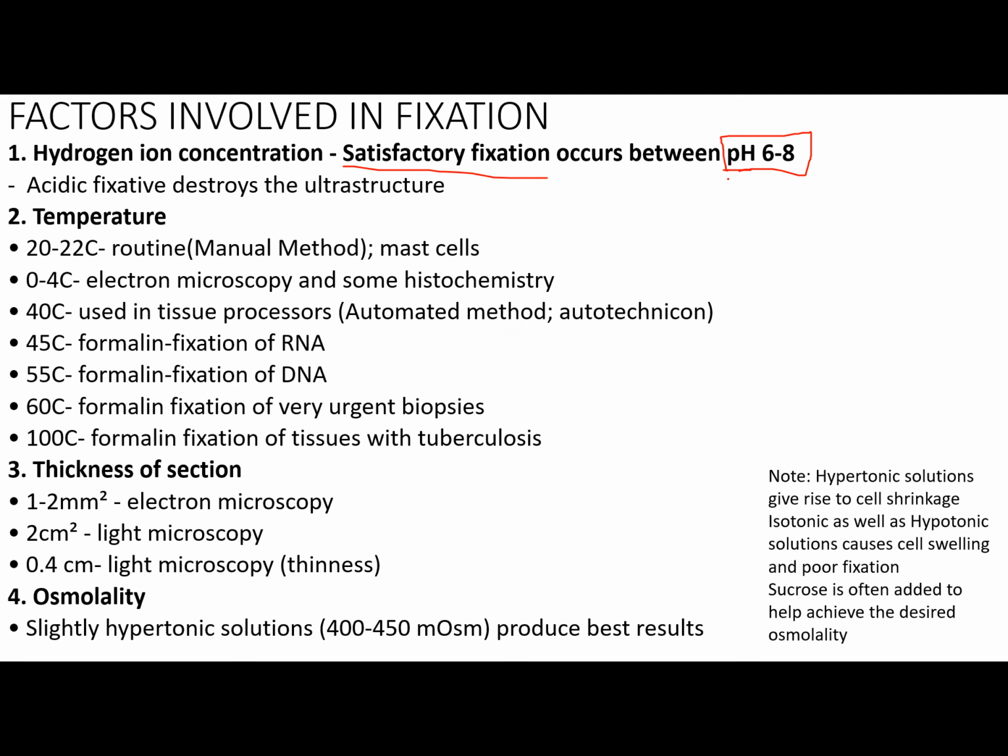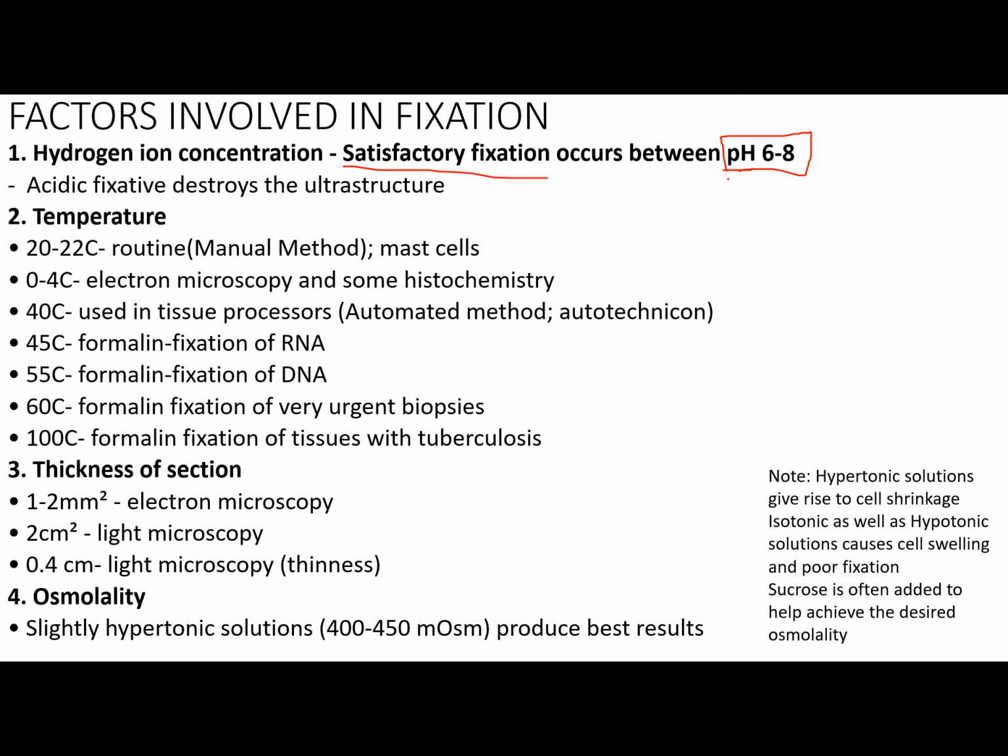For the automated method using an autotechnicon, 40 degrees centigrade. Then if you're going to fix RNA samples, class, 45 degrees. For DNA, 55 degrees. If the biopsy is urgent, when the doctor or the patient is in a hurry for the biopsy, you have to use a formalin set at a temperature of 60 degrees centigrade.